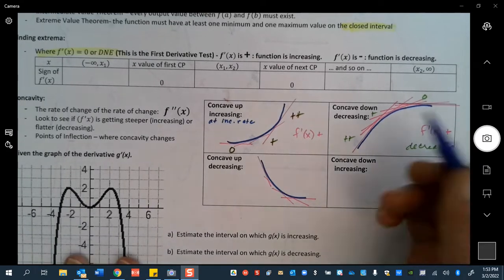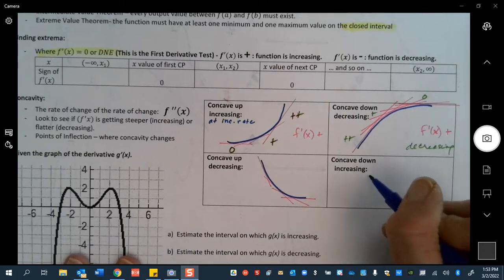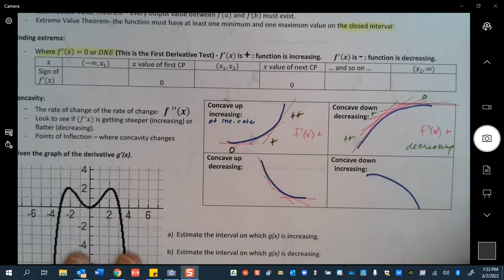If I have a concave down, I have negative slopes, and they're getting more and more and more negative.